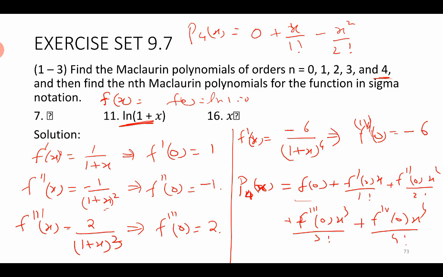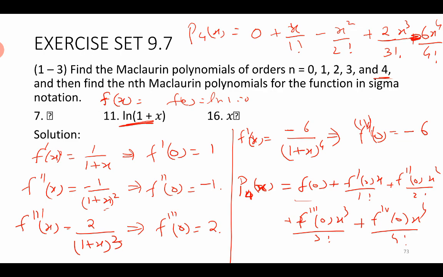Third derivative is 2 into x cubed divided by 3 factorial. Fourth derivative is negative 6, so this is negative 6x power 4 divided by 4 factorial.